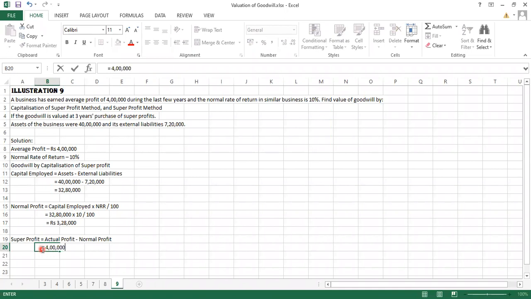So 4 lakh minus 3,28,000, which will be equal to rupees 72,000.